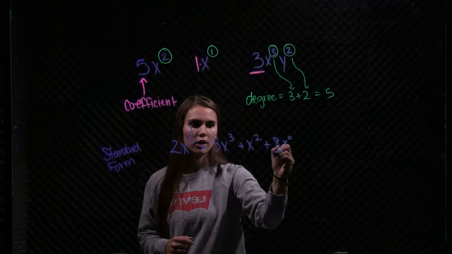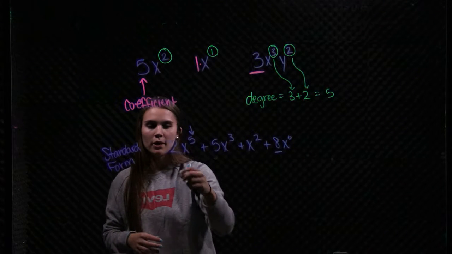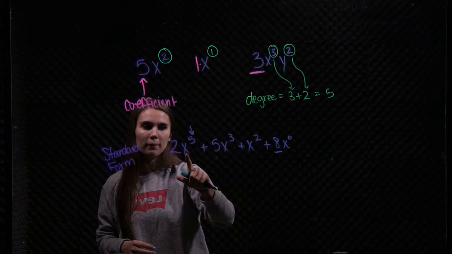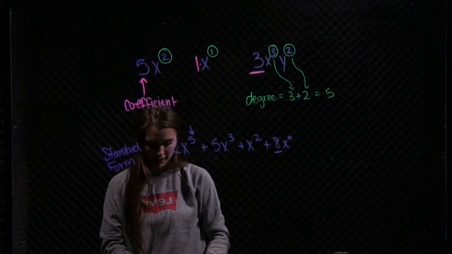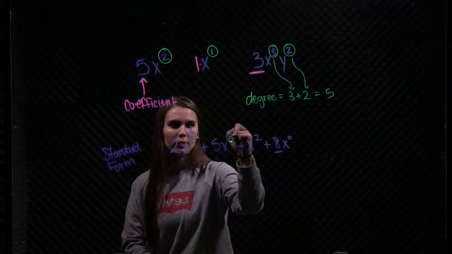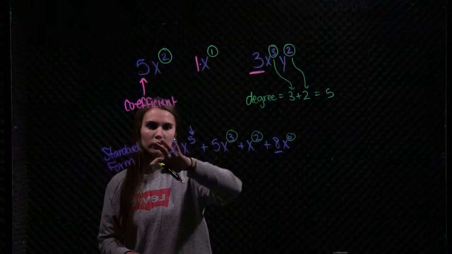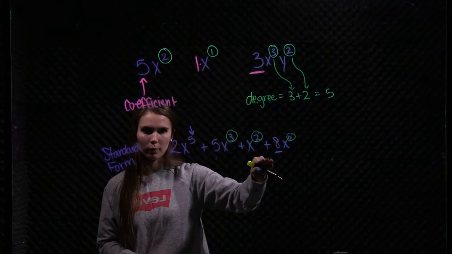Our individual numbers, our integers, are always going to be at the end of our standard form. So our monomials are ordered from largest to smallest of degree. So we're looking at the 5, the 3, the 2, and the 0 in this case. So we're listing them from greatest to least, and that's how our standard form goes.